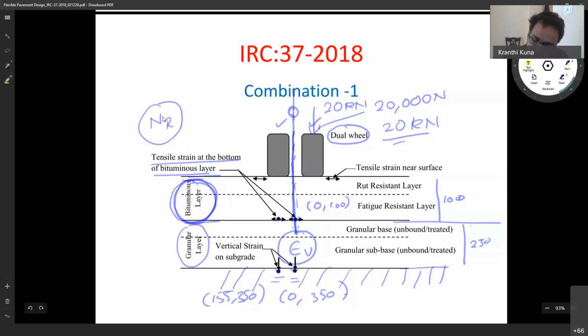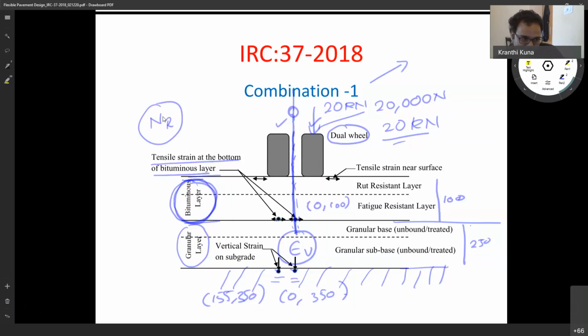This is how we design a conventional flexible pavement, which has a bituminous layer, granular layer and subgrade.